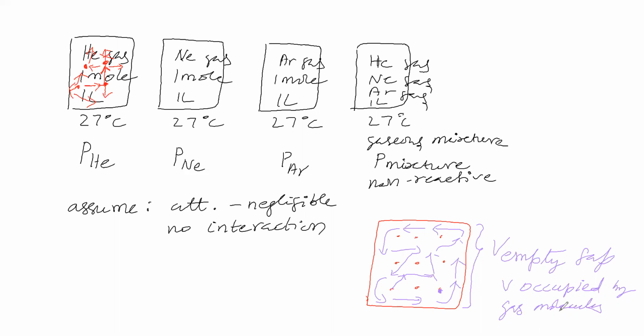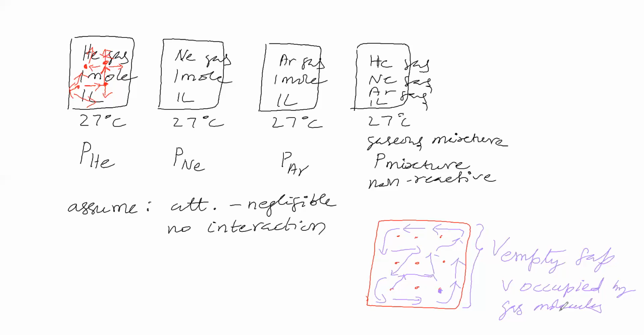Gas molecules are continuously moving, moving freely, making motion randomly. The motion of gas molecules is not affected by gravity. Now you think how the volume of empty gap and the volume occupied by gas molecules will be.